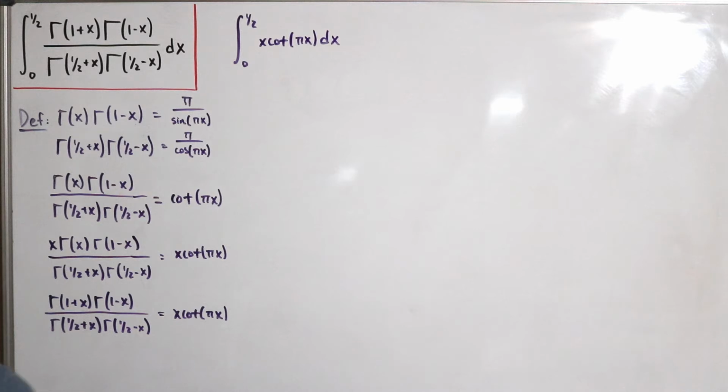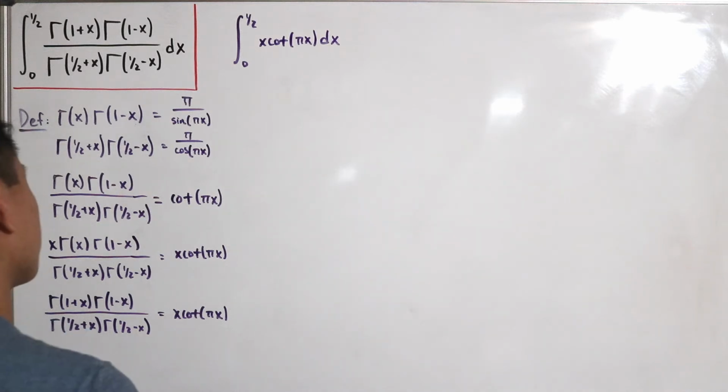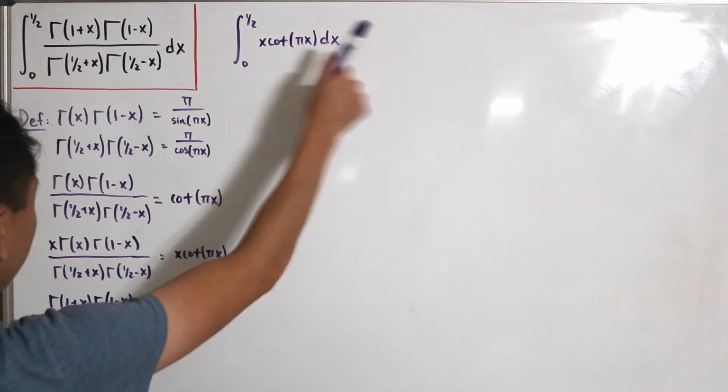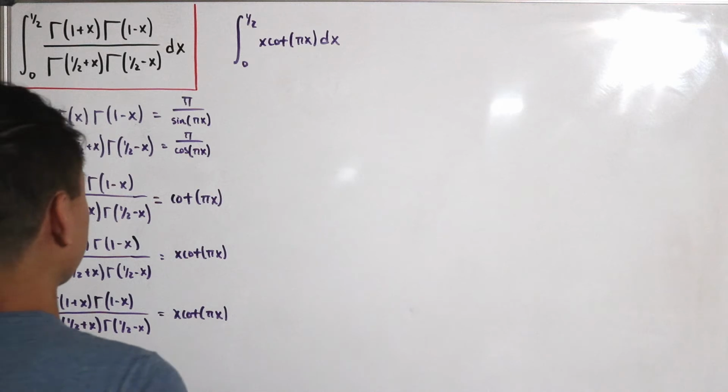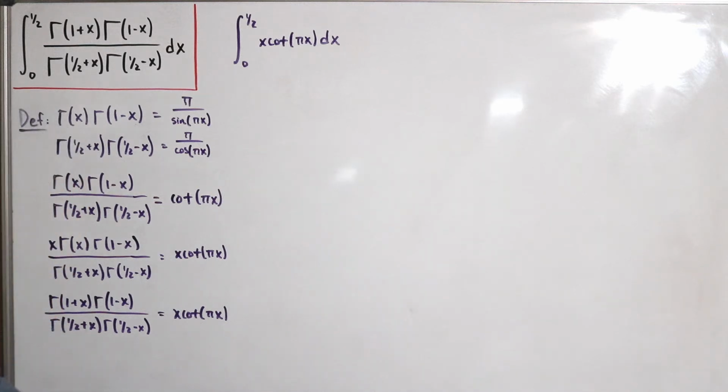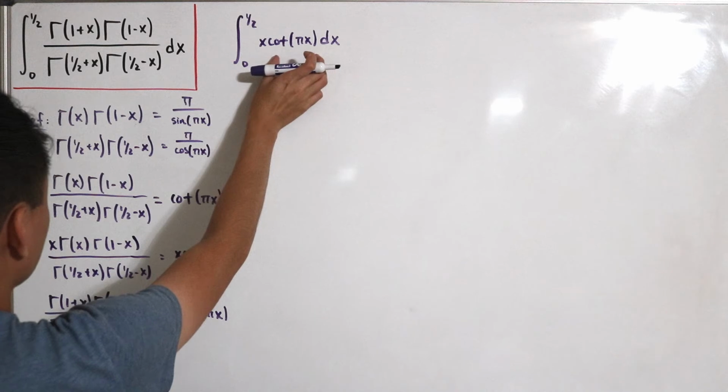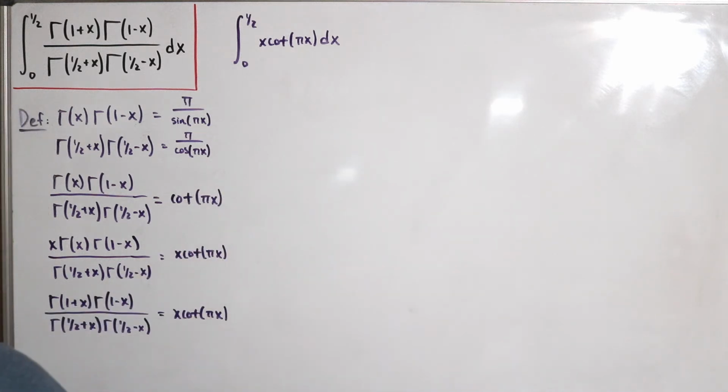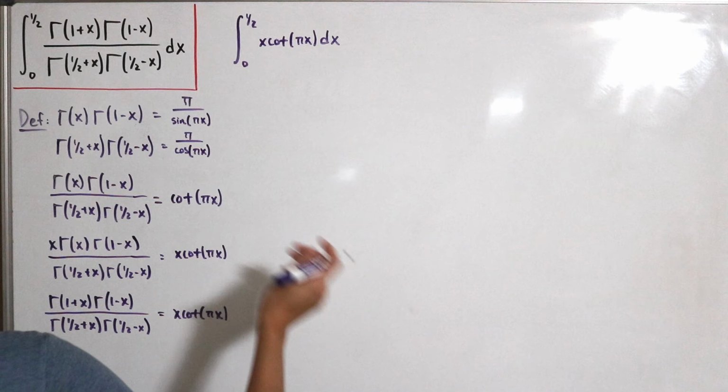There are probably many ways to integrate this, but as I said, we're going to take a creative approach here. I can rewrite cotangent of pi x dx as a new differential, the derivative of some function.